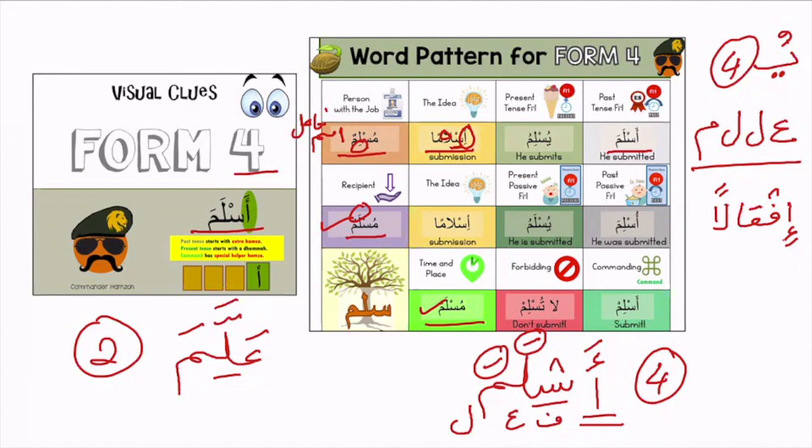So aslama means he submitted, and muslimun, the one who submits. And what is the submission? As soon as we said the kalima, we are saying, oh Allah, we are only going to submit to your commands, nothing else. So this is the submission, muslimun. And then muslamun, what could be the muslamun?